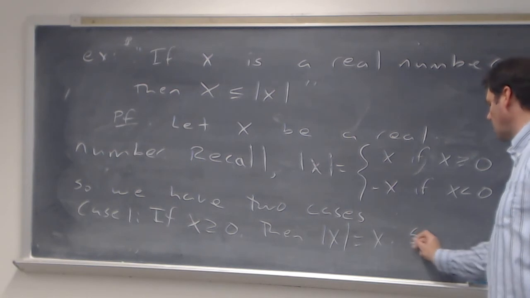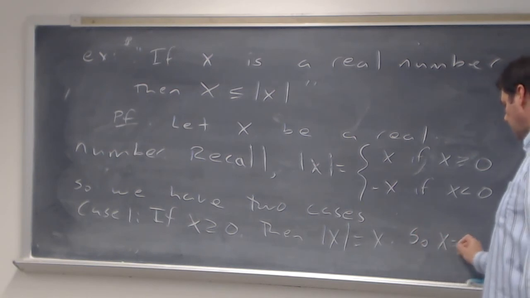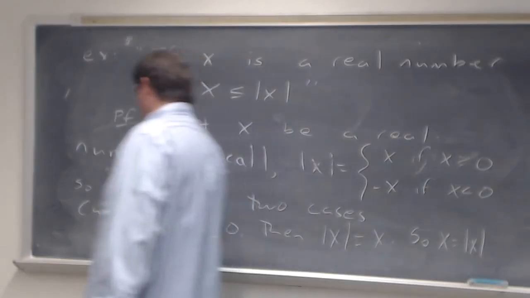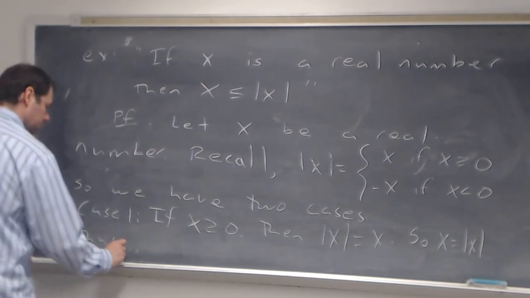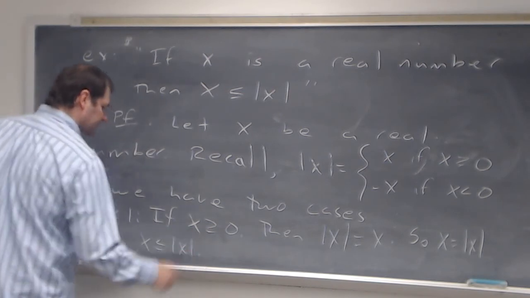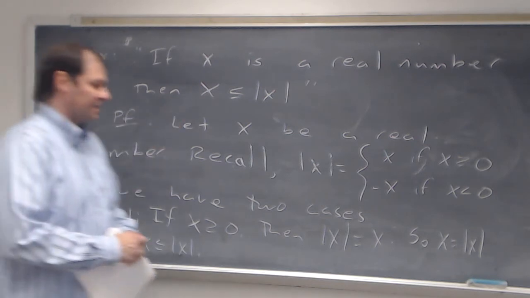Okay? So what we have is that x is equal to the absolute value of x in this case. Thus, x is less than or equal to the absolute value of x. And that's what we wanted to show, and we've shown it in a particular case.